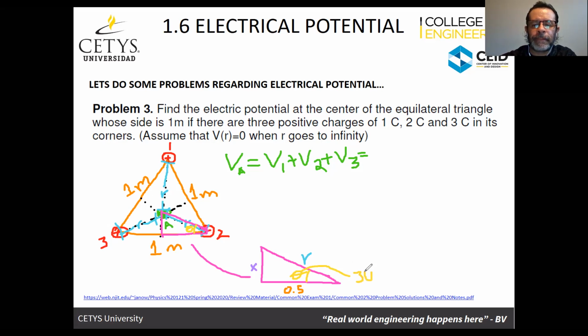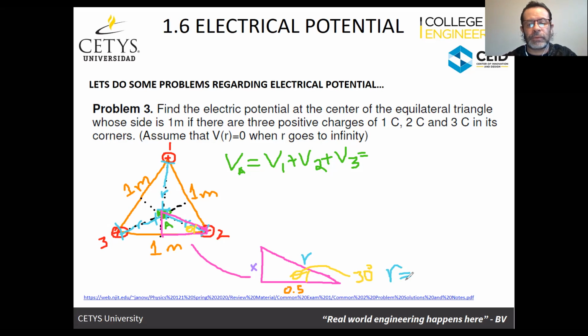And so if I have those three, then I can calculate the value of R using the trigonometric function. I've got this side here, which is 0.5, and this would be the cosine.